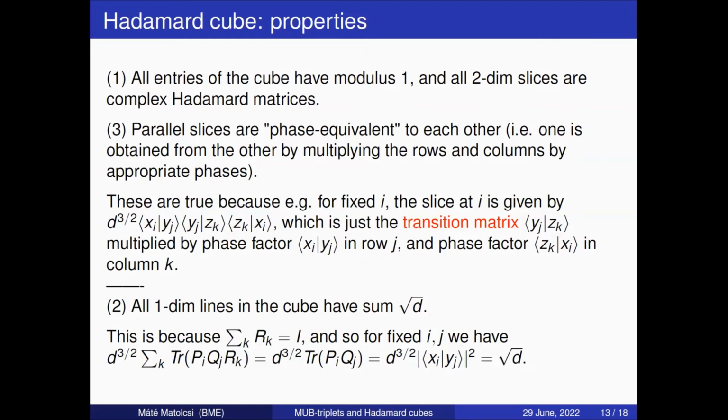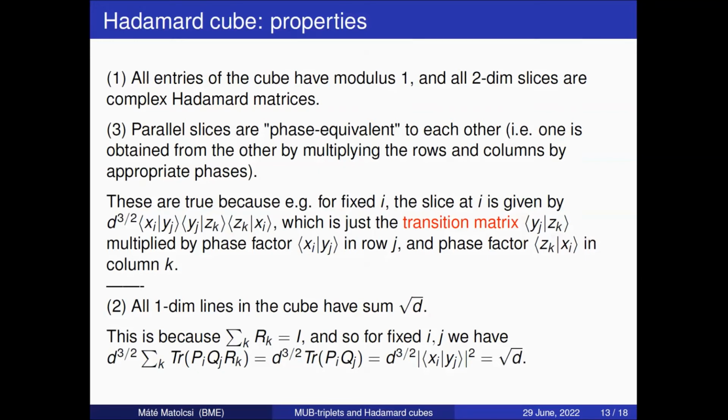This is a complex Hadamard matrix, and it is multiplied. This will just multiply the rows, and this will multiply the columns. So you get just phase factors multiplying the transition matrix. This was the original transition matrix between the vectors y's and z's, and then you are just applying phase factors. So that's why parallel slices are equivalent.